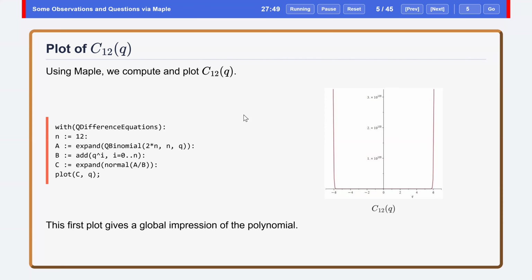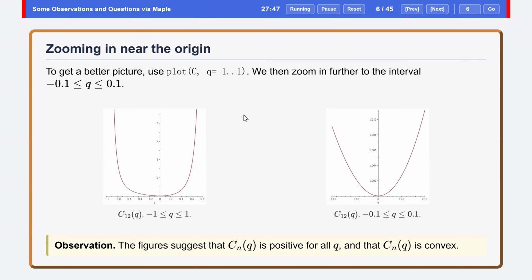What can we say about these polynomials? To get a better picture, let's plot for the range q from -1 to 1, zooming in to see what happens.